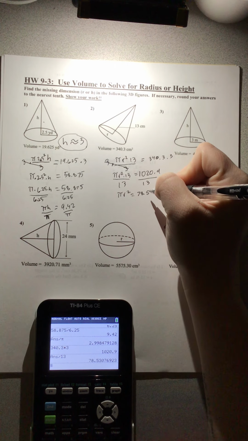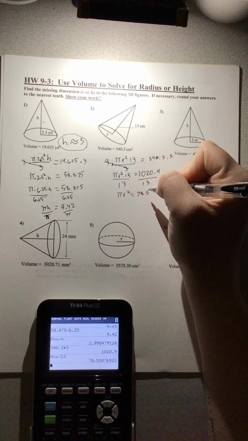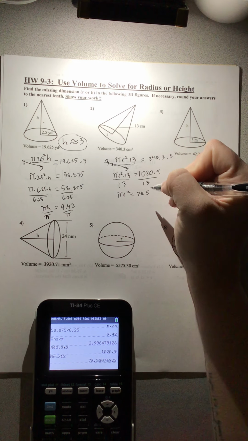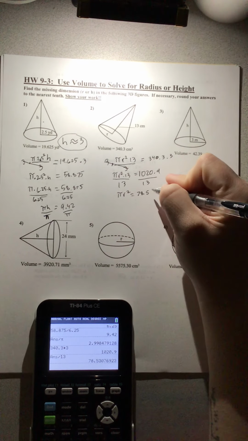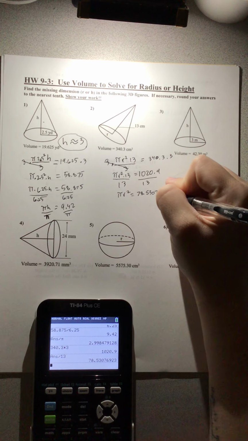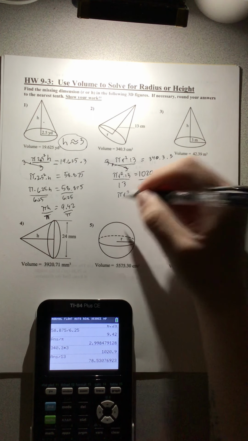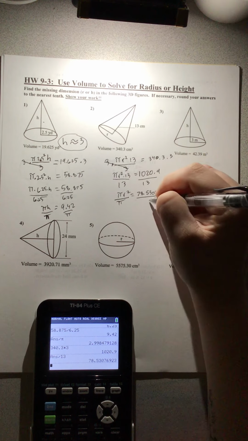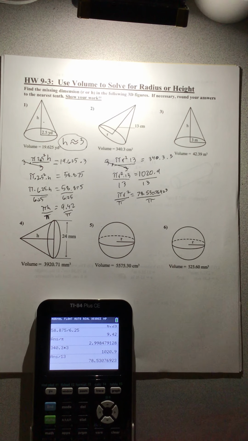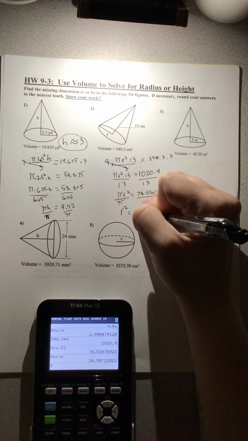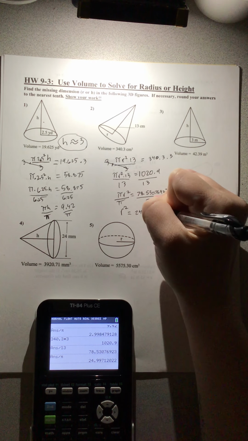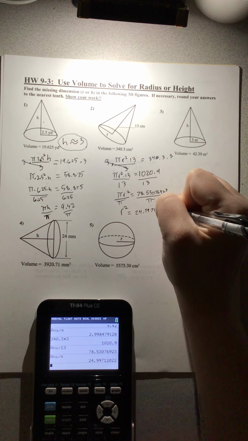Yeah, it's hard to round when you're doing this stuff. Then divide by pi, because I have to divide by pi. Because it's going to give me this weird number. So I have r squared equals 24.99712022.